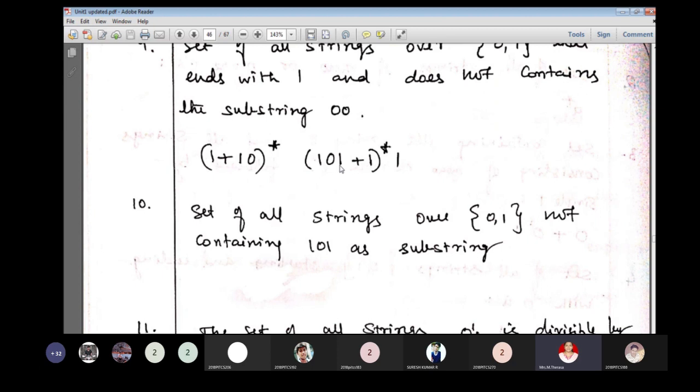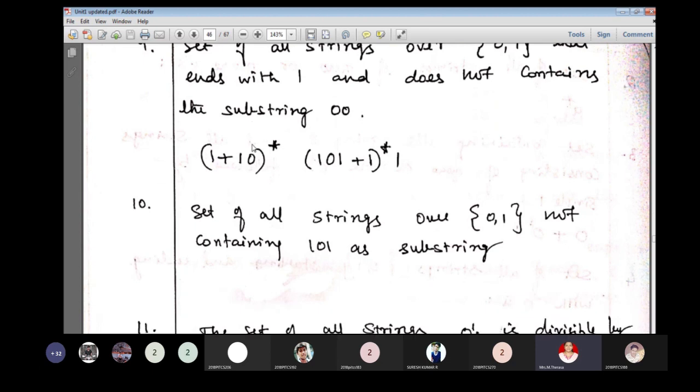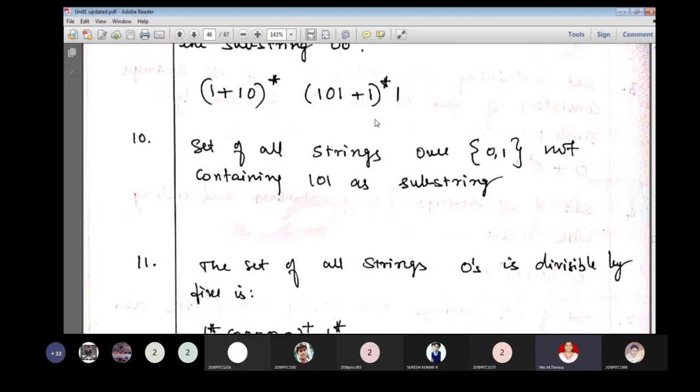Similarly 1 0 1 or 1, this can be repeated any number of times, and 1 at the end, because ends with 1 is given. Clear? So 1 plus 1 0 the whole star, 1 0 1 plus 1 the whole star, and it ends with 1.